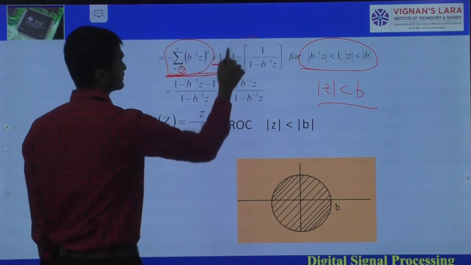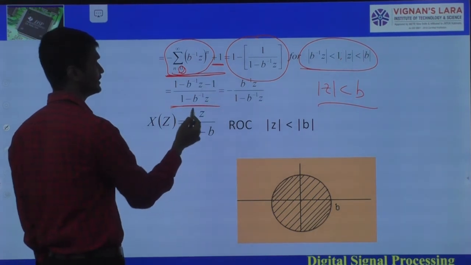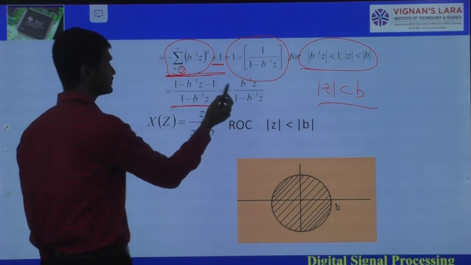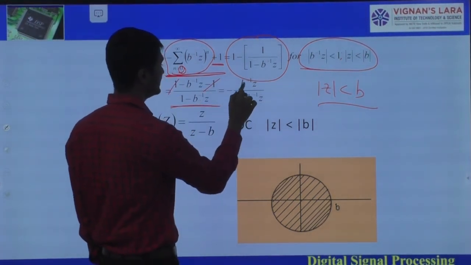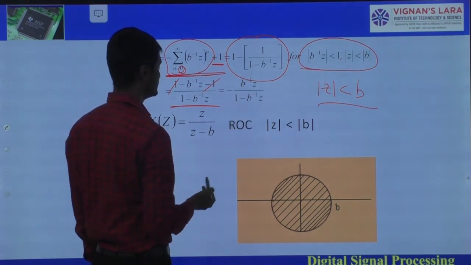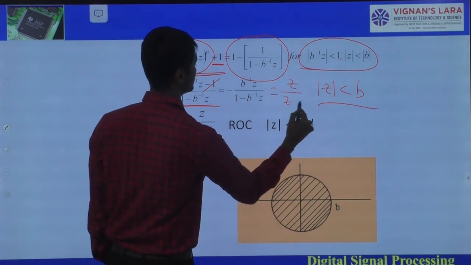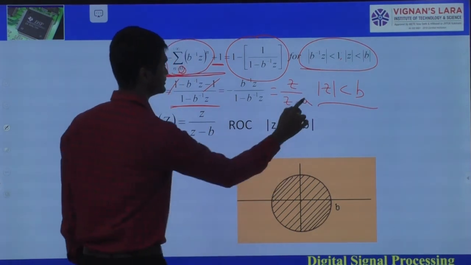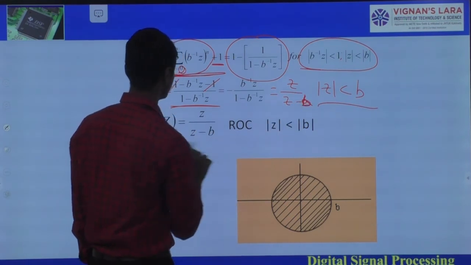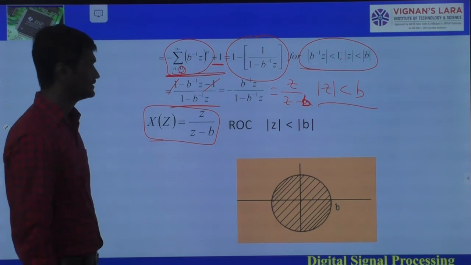By solving this, we get 1 minus b inverse z minus 1 by 1 minus b inverse z, which equals b inverse z minus b inverse z by 1 minus b inverse z, that is z by z minus b. That is, X of z is equal to z by z minus b.